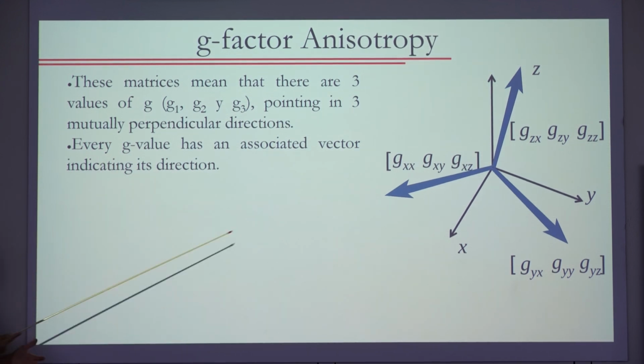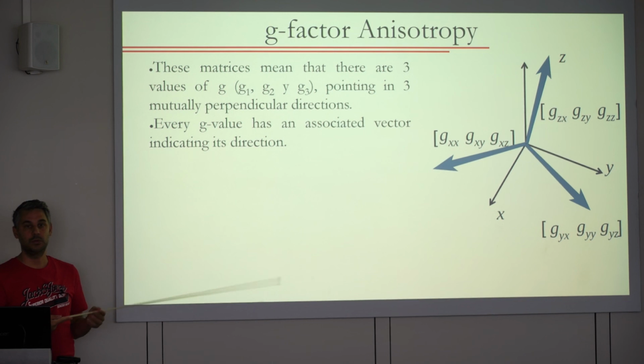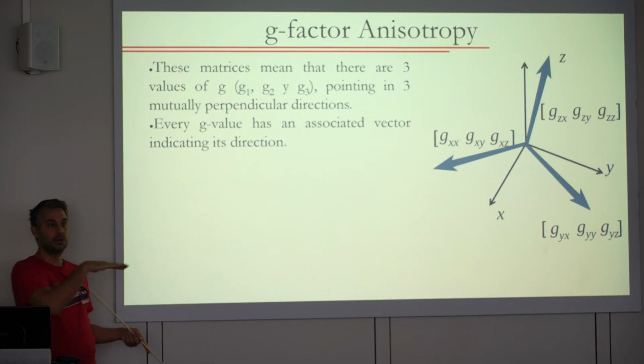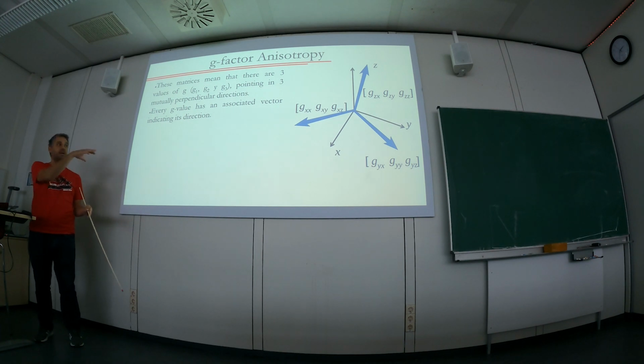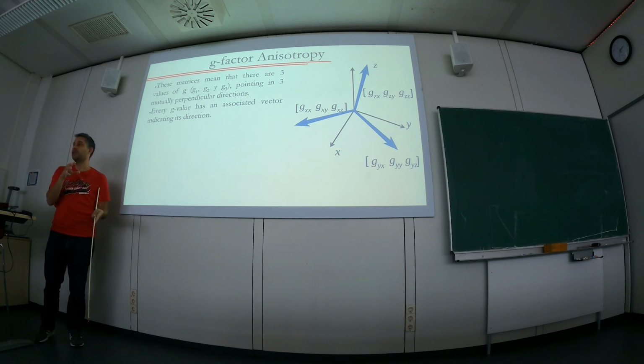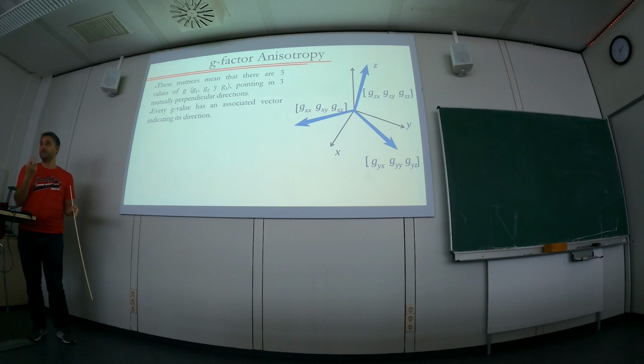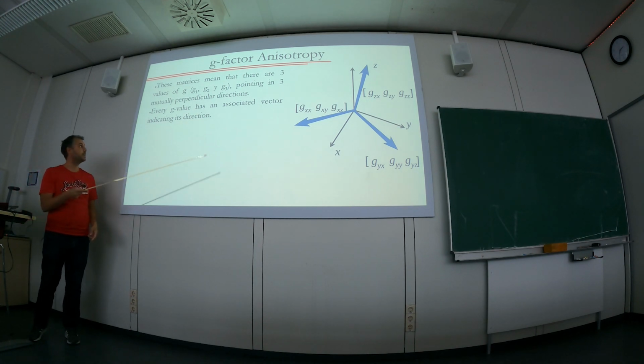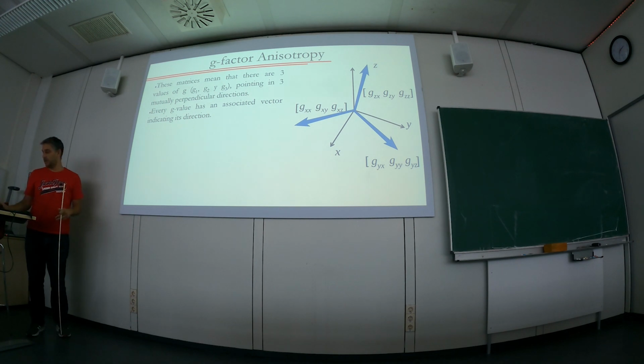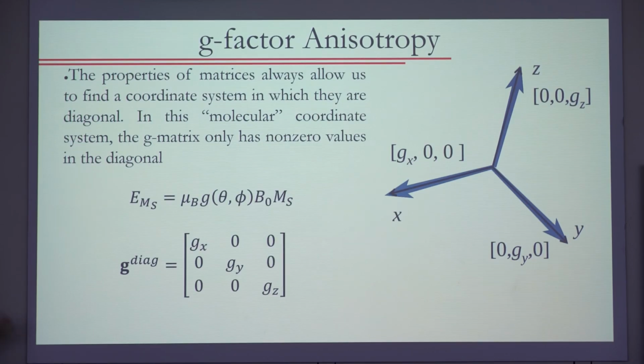This is what you usually get when you measure single crystal EPR. Your experimental coordinate system may not match the particular coordinate system of the G matrices of the molecules, so you start from that. But usually you can find a coordinate system.